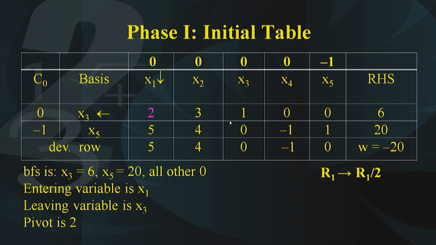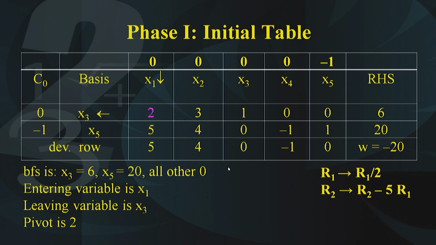Apart from this, we also need to apply another elementary row operation, that is R2 should be replaced by R2 minus 5 times R1, because if you apply this elementary row operation, then this entry under the x1 column will become 0.